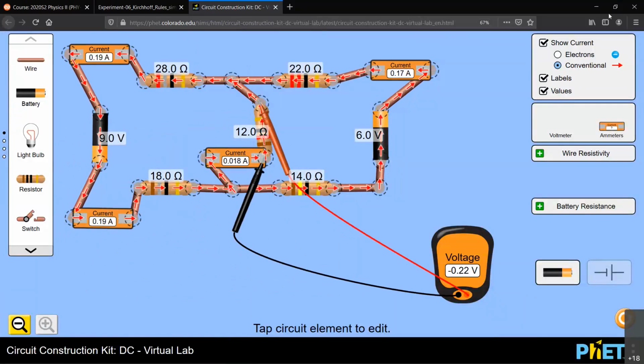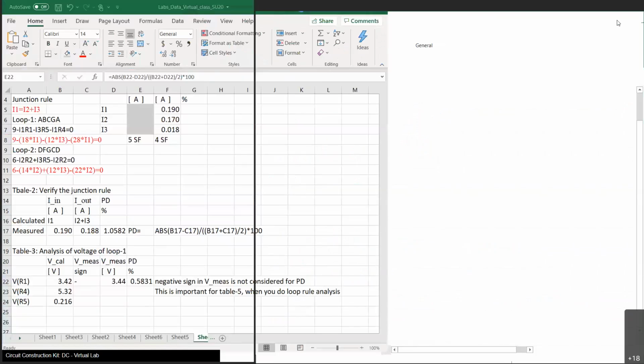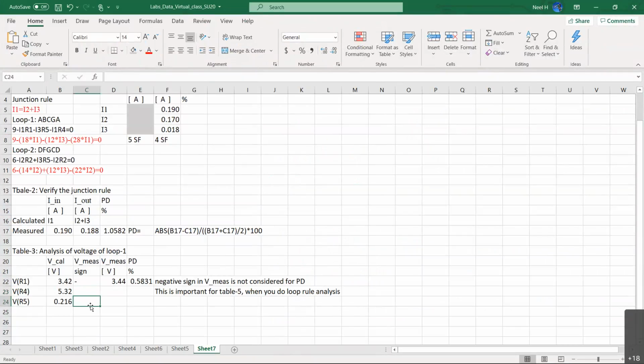This is negative 0.22. That negative sign is actually not really important for this table. Sign must be negative, that is R5. Number is 0.22 and sign is negative. Okay, good. Any questions so far?